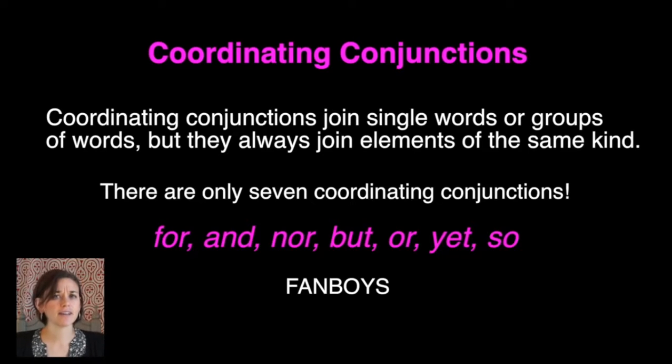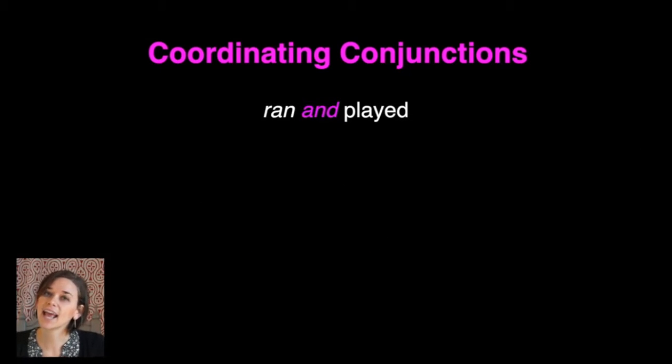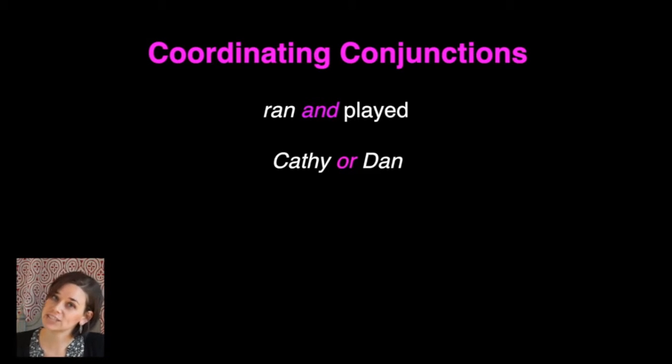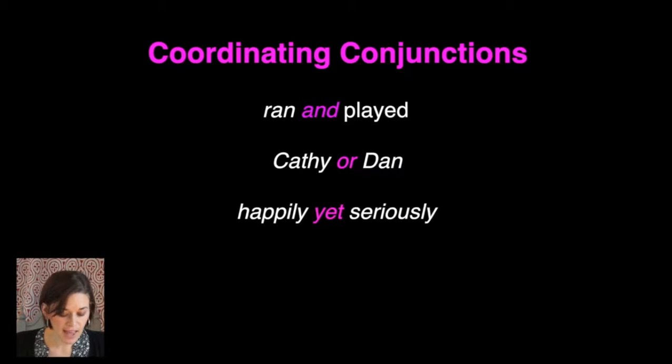Now let's take a look at these coordinating conjunctions in action. Ran and played. The coordinating conjunction and is joining 2 verbs. Kathy or Dan. The coordinating conjunction or is joining 2 nouns. Happily yet seriously.